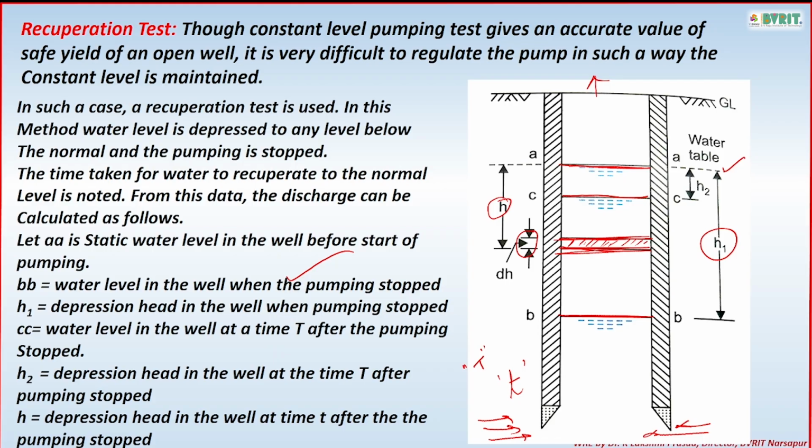Then we just kept quiet, and after time T, it has gone to CC. At that time, what is the depression head? H2. Now, at any time t, let the depression head be H. In small time dt, it has increased by dh. That is what I have written.